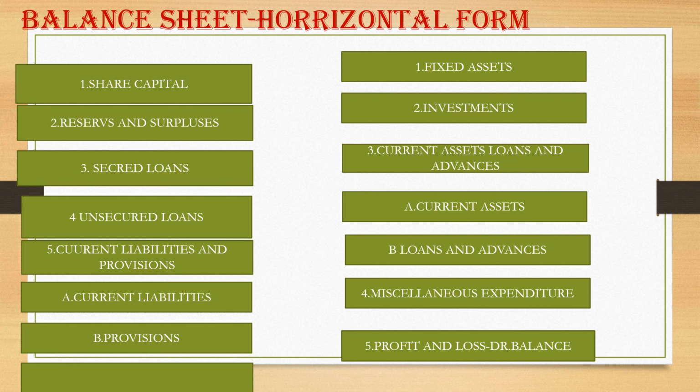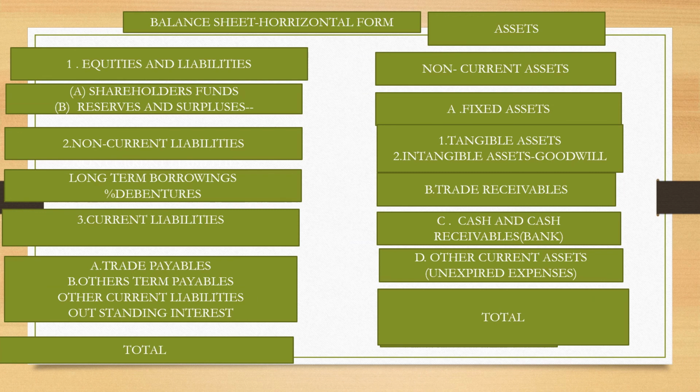Expenditure which the company has made, but whose return is to come, or which can be realized within a short period. Then profit and loss debit balance. If the company has a debit balance, it means loss. A company loss in business will be shown on this side. So this is the horizontal form of the company's balance sheet.